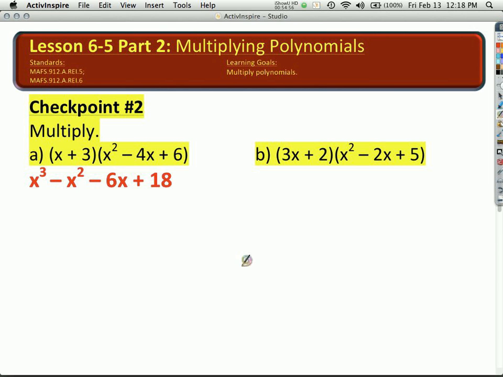I got student 16 and student number 9. Negative 4x squared plus 3x squared plus 11x minus 4x. Okay, student number 9. 3x to the third plus 2x to the second plus 5x plus 10. We're close.